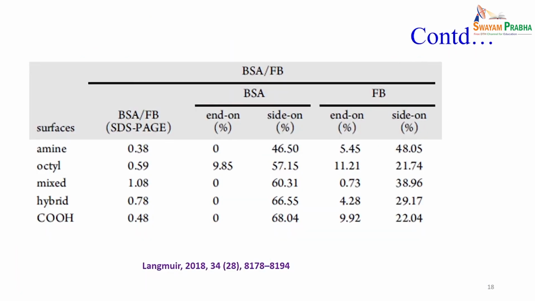We have studied the adsorption behavior of BSA and, let us say, fibrinogen on different surfaces, and here you see in the competitive adsorption all the end-on orientations are 0, meaning all the end-on orientations have been displaced by the larger protein fibrinogen. Now, again if we just see the octyl surface, octyl is a hydrophobic surface.